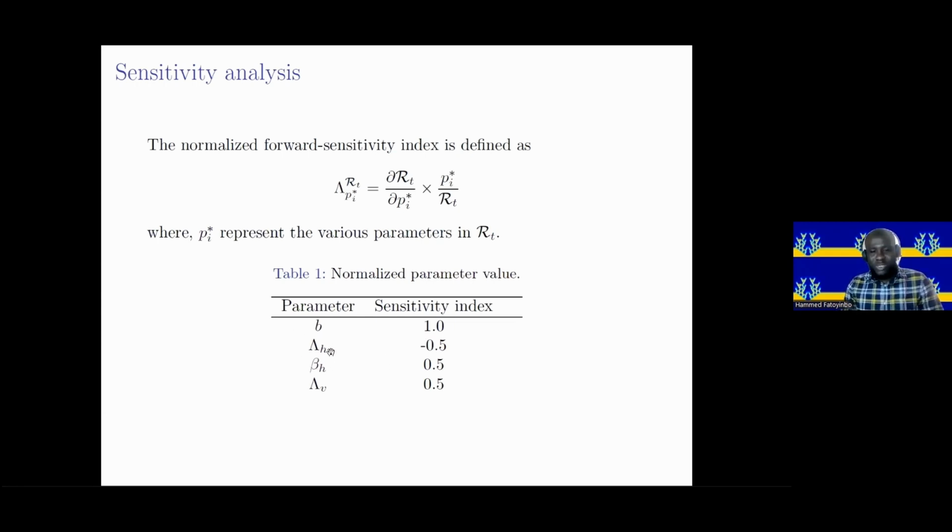Looking at lambda H, which is the recruitment of susceptible humans, the sensitivity index here is negative, meaning that if this is reduced by 50%, the transmission of the disease will also reduce. Same thing for the transmission probability and the recruitment rate of the vector. This shows how significant each of these parameters is in our model.